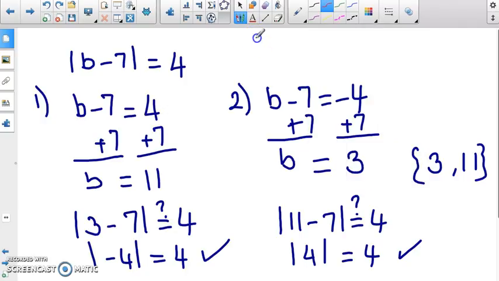My first option is that it can be 4, because I know that 4 is equal to 4. Or what else can be 4 in absolute value? Negative 4 is also 4. So I'm saying that inside this absolute value bars, my expression can be 4 or it can be negative 4.